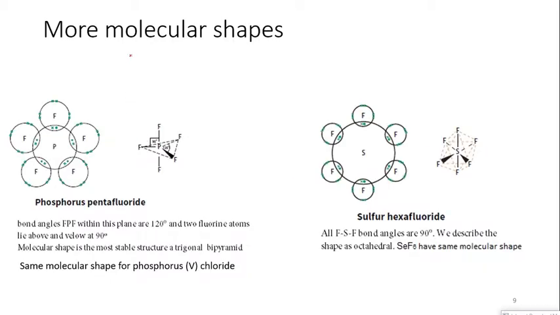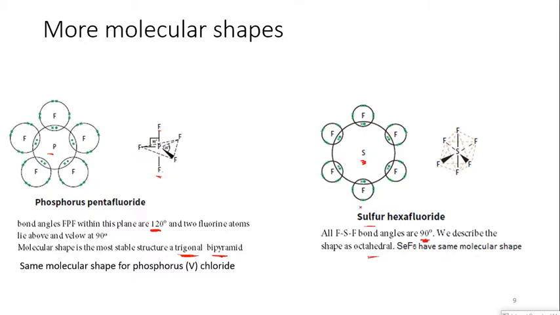If I look at a more complicated molecule, something like phosphorus pentafluoride, I have here 5 fluorine atoms bonded to the same phosphorus atom. This will make 3 of them stay in the same plane, and 2 of these fluorine atoms will be one on the top of the plane and one on the bottom, forming what we call a trigonal bipyramid with an angle equal to 90, and the 3 that lie in the same plane will have 120 in between.